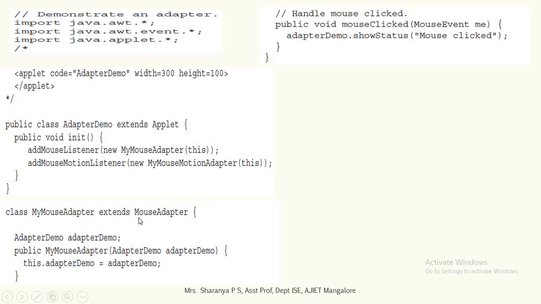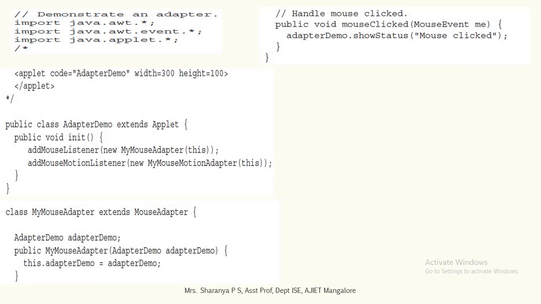This MouseAdapter is a class which will help us to omit writing out all the methods defined under those interfaces.